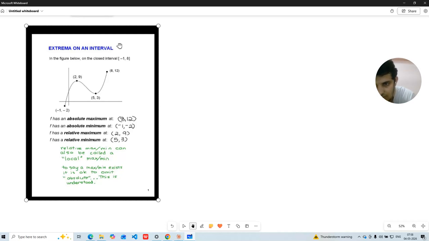It says the max and min exist. It is okay to omit absolute. This is understood. I don't know what they're trying to say by this. Let me find another graph.